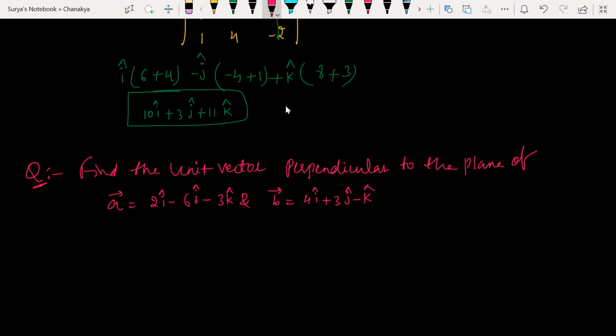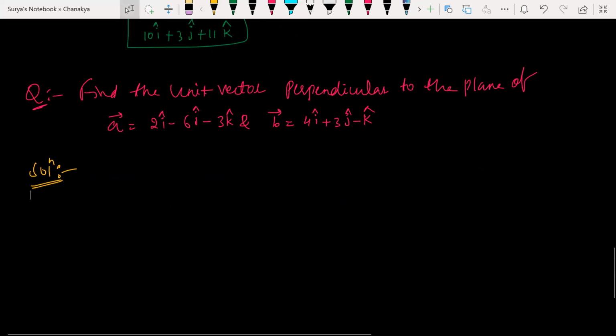All right, find the unit vector perpendicular to the plane of A and that.